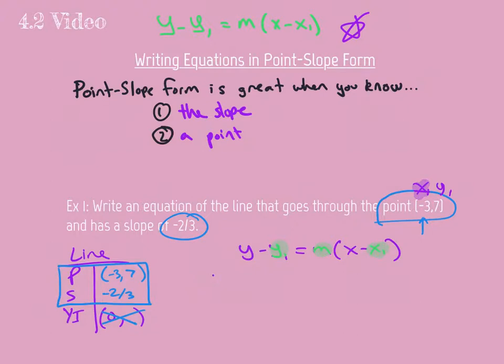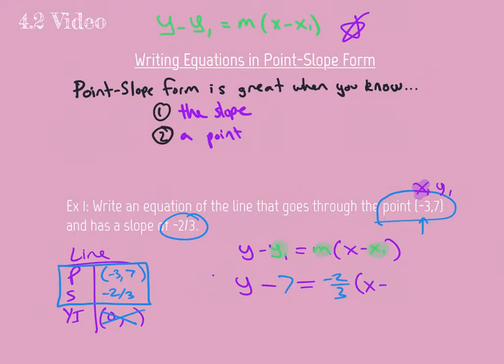So I will write y minus y1, which is 7, equals m. Well, that's my slope. So my slope was negative 2/3 times x minus x1.